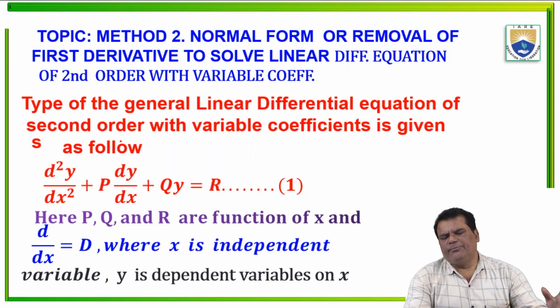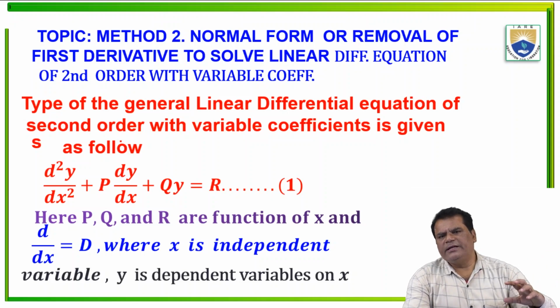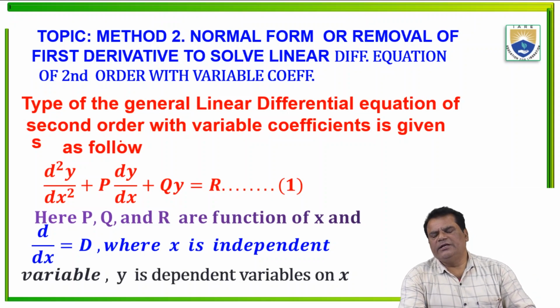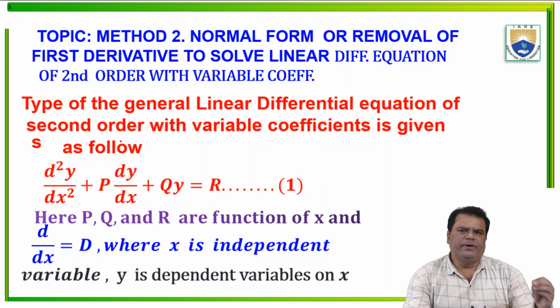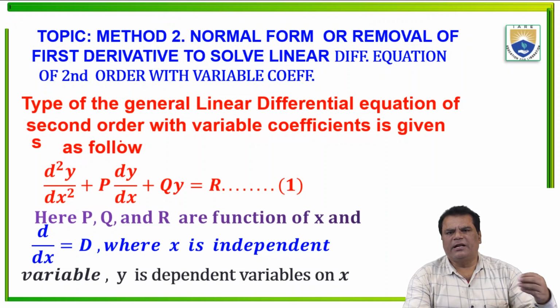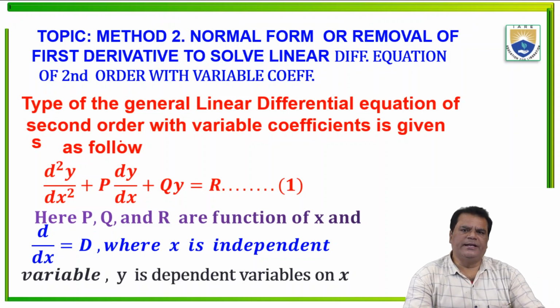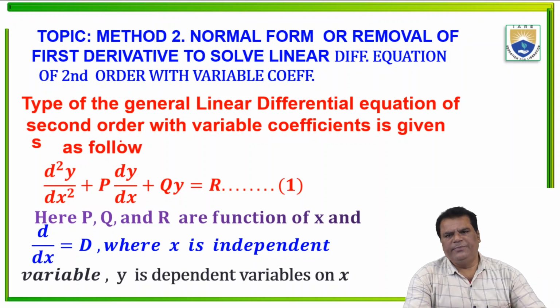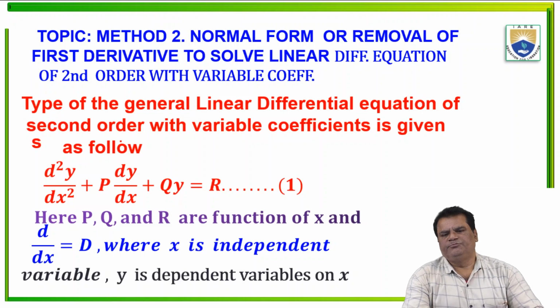The differential equation is the same; the methods are changed here. One by one I am solving a linear differential equation of second order with variable coefficient, with the help of several methods. Different methods we can apply in our differential equation, and we can find the solution.